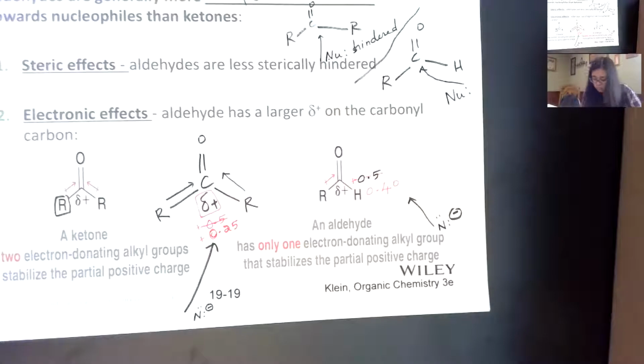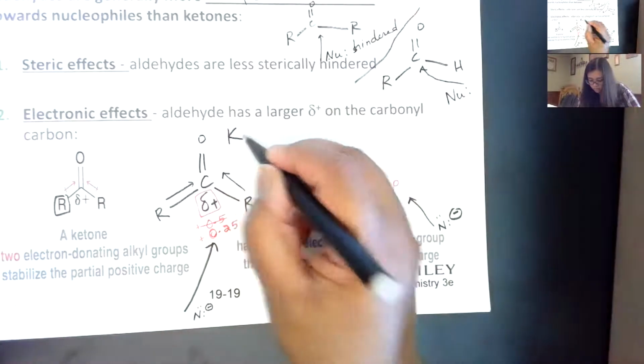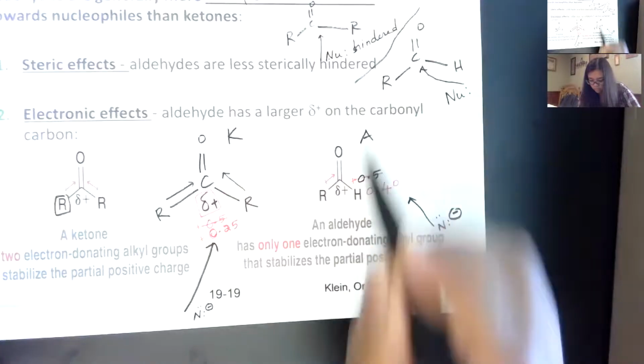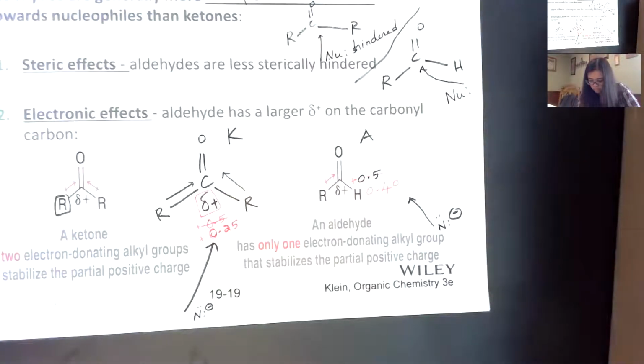Tell me which carbon the nucleophile will prefer. Will it prefer the aldehyde's carbon or the ketone's carbon? Answers on the chat.